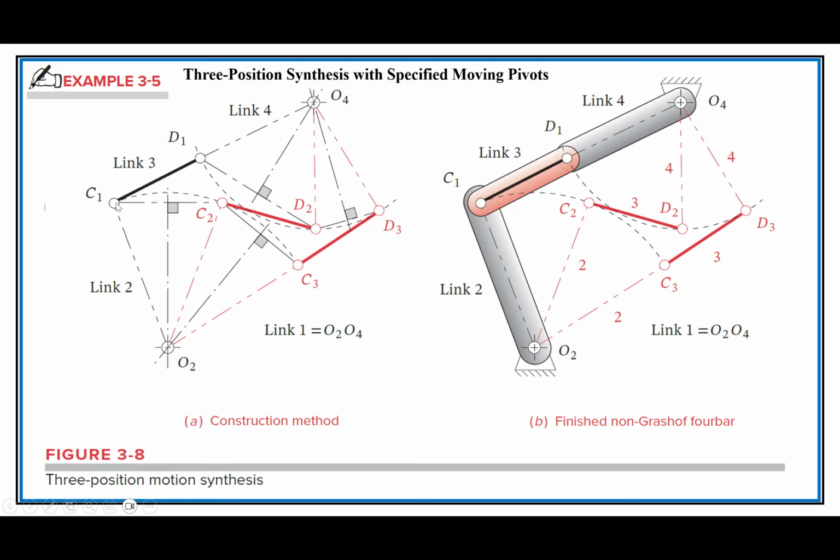You draw lines between the individual C positions, and then with the midway point and a perpendicular line to those lines, you can find the center of the circle that passes through them. Then you do the same thing with the D1, D2, and D3 lines and find the other one. These are the 2 grounds, O2 and O4, that you find from that method.